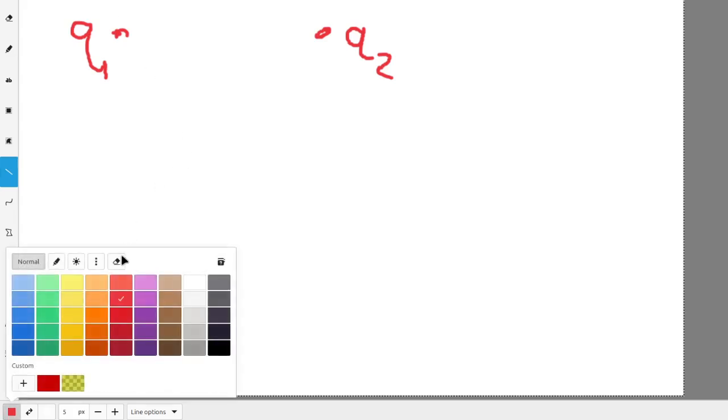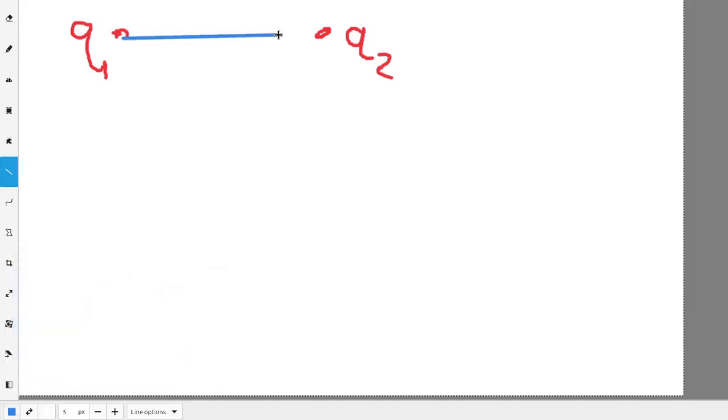So we have Q1 here, Q2 here, and we have a line between them.